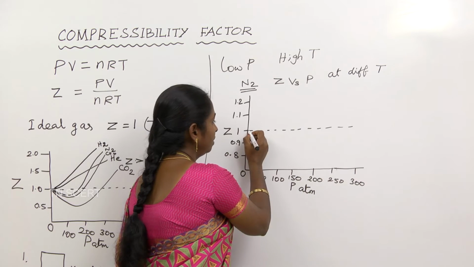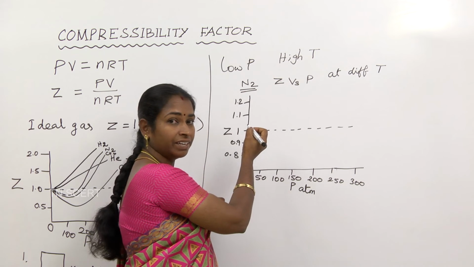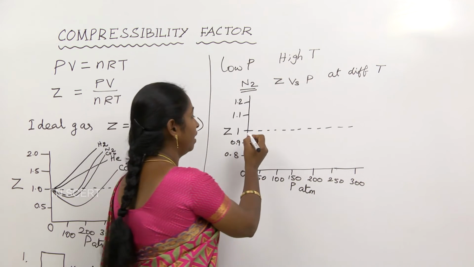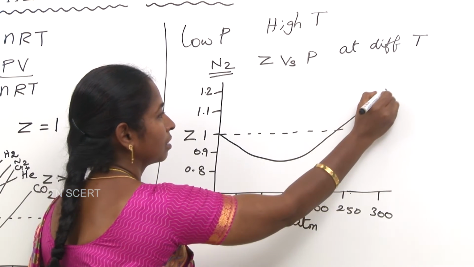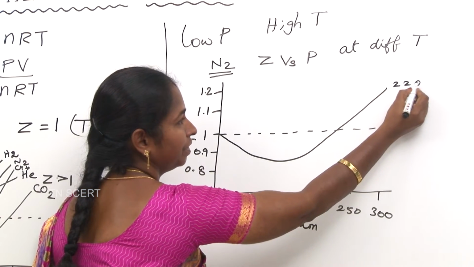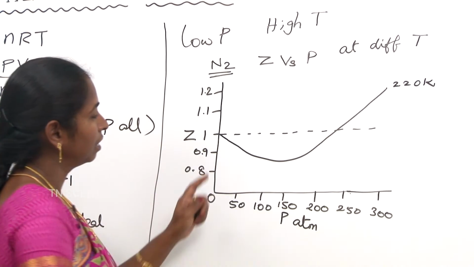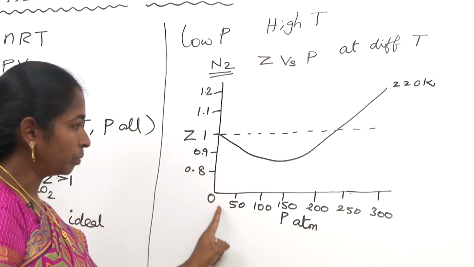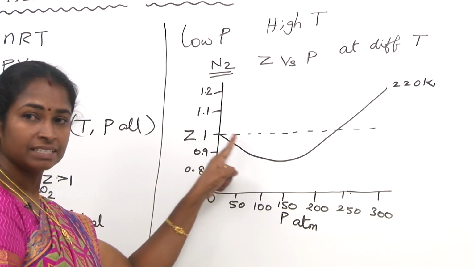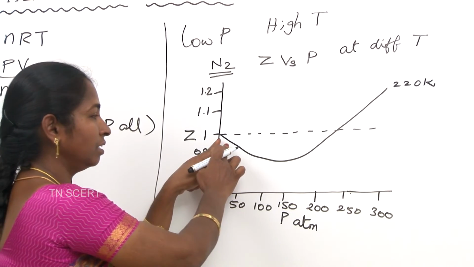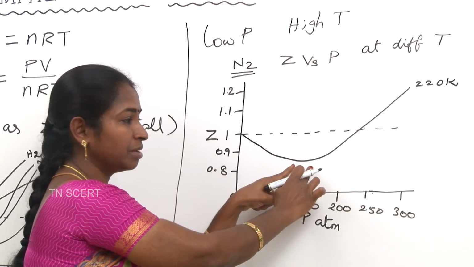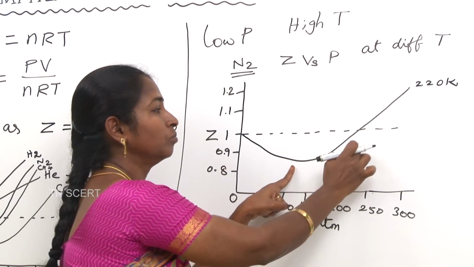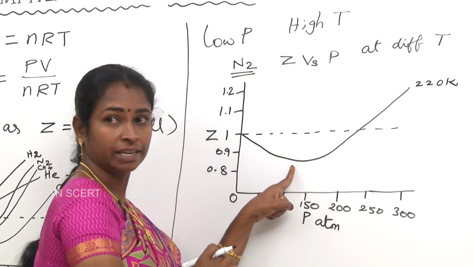Nitrogen at the temperature of 220 Kelvin, the plot will be like this. It is at 220 Kelvin. Look here, at low pressure, it obeys the gas law, then it shows negative deviation here, reaches some minimum and then moves towards the positive side.